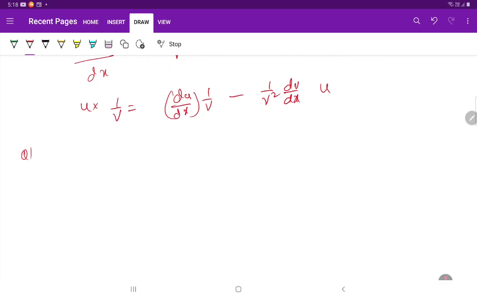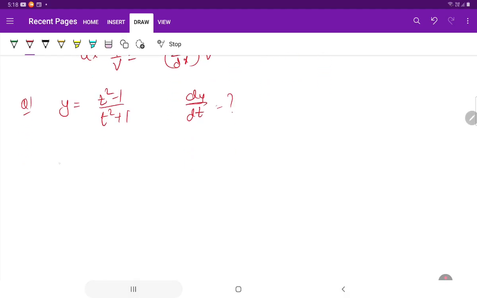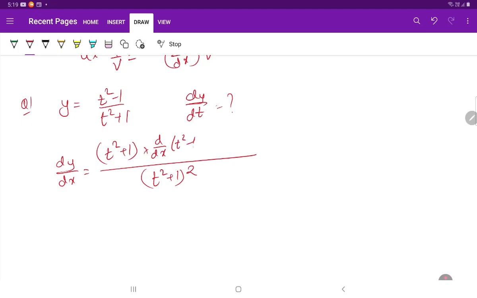Now coming to a question. Suppose y is equal to t square minus 1 upon t square plus 1. Find dy by dt. Always I take dy by dx, sometimes I take it with respect to t also. So dy by dt will be: v is the denominator, so it will be t square plus 1 whole square in the denominator, and in the numerator it will be v du, t square plus 1 into d by dt of t square minus 1, minus t square minus 1 into d by dt of t square plus 1.